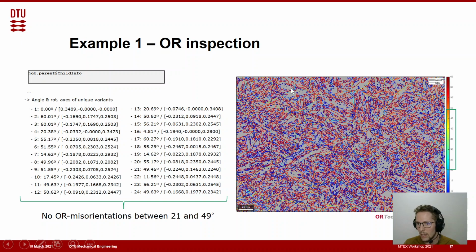Everything that's light blue and orange already looks like a prior austenite grain boundary, which is not an OR boundary. So looking at this, we can already figure out that some of these boundaries definitely cannot be martensitic boundaries, but have to be prior austenite grain boundaries, which are not related by an orientation relationship. We can see those boundaries going here, and we can already grasp where the austenite orientations would be.